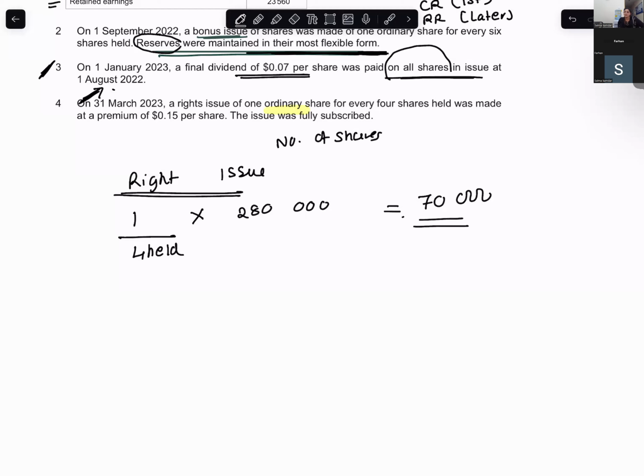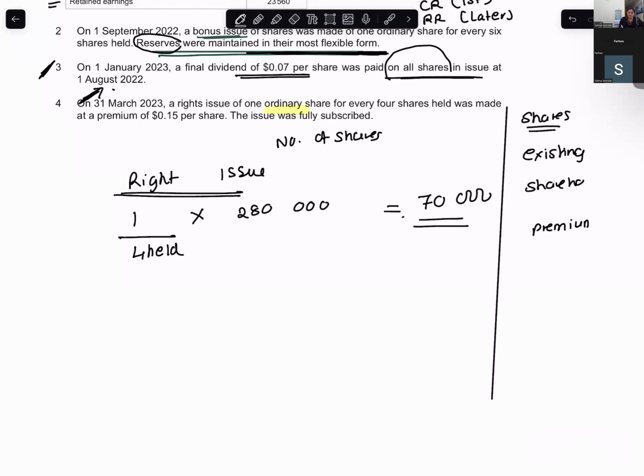Now what is right issue? Right issue are the shares that you give to your existing shareholders at a premium.